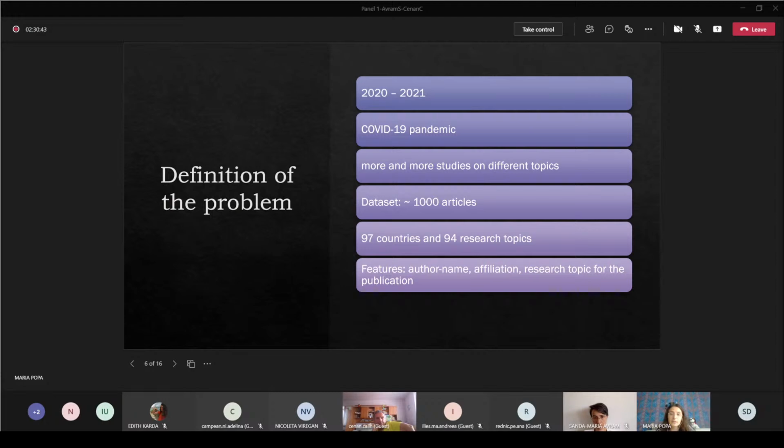We have a data set with almost 1,000 indexed articles published between 2020 and 2021. They concentrate on different topics, and we wanted to see which countries contributed to this research. There were 97 countries and 94 research topics. We were interested in the author names, the affiliation of each author, the research topics targeted, and also the abstracts.